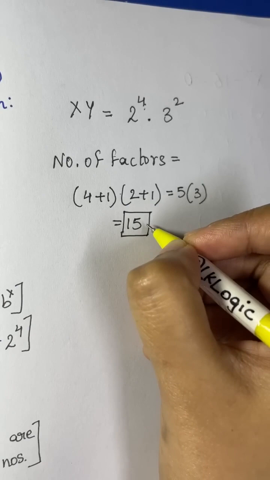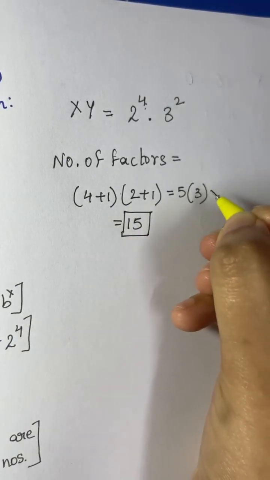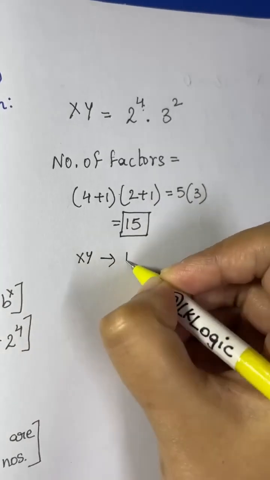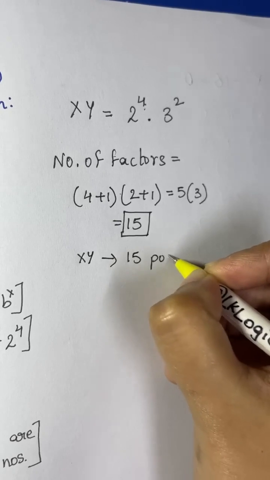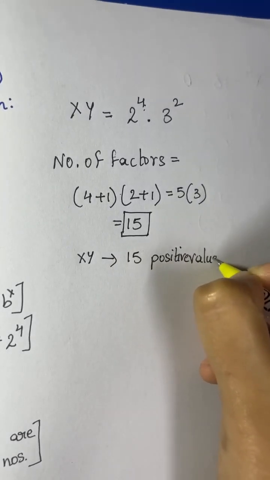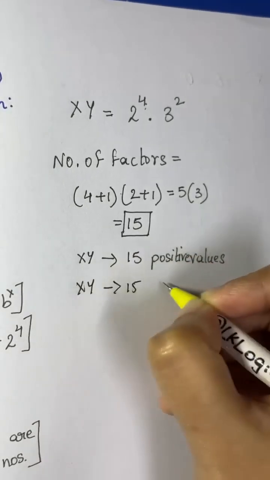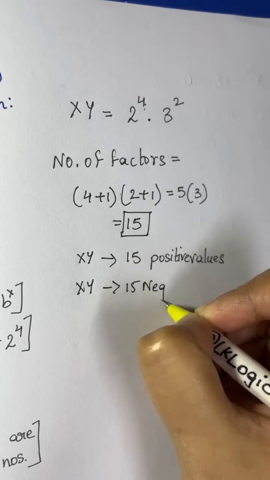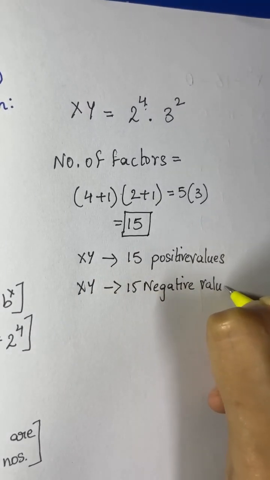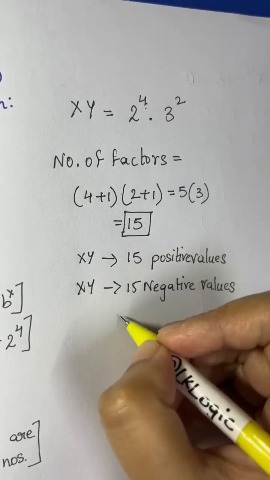That means xy can take 15 positive values, and it can also take 15 negative values. So you have xy taking 15 positive solutions and xy also taking 15 negative solutions.